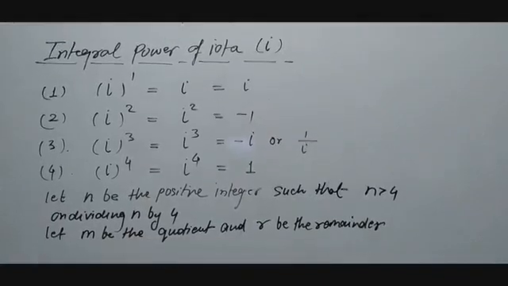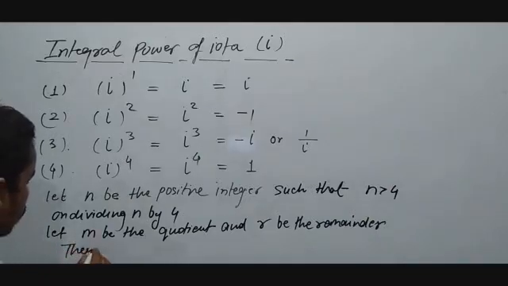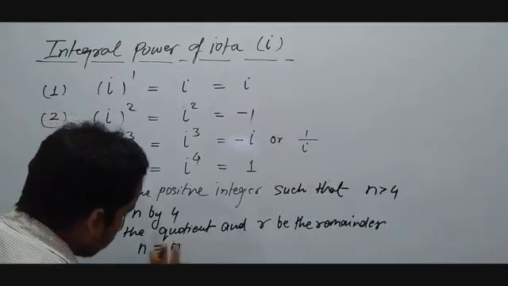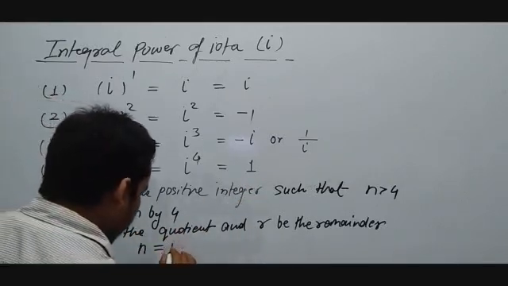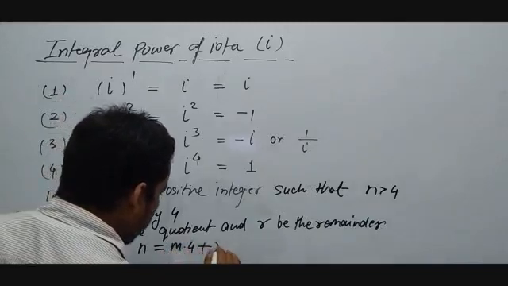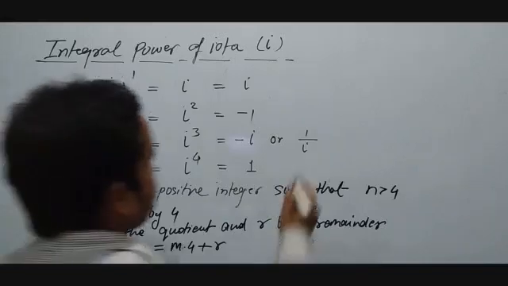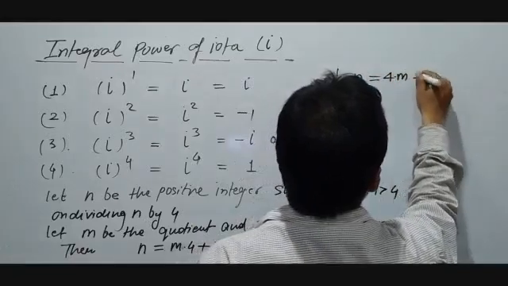Then we can write n is equal to m times 4 plus r, so n is equal to 4m plus r.